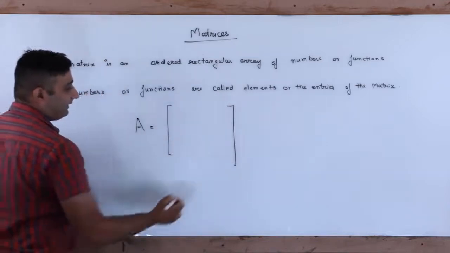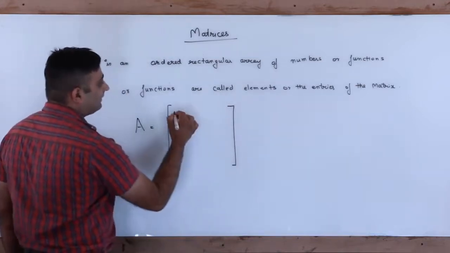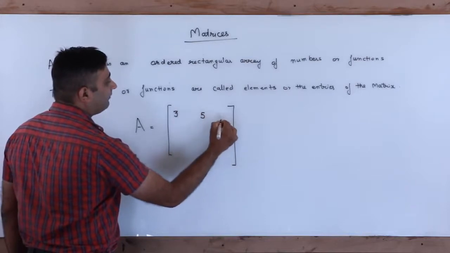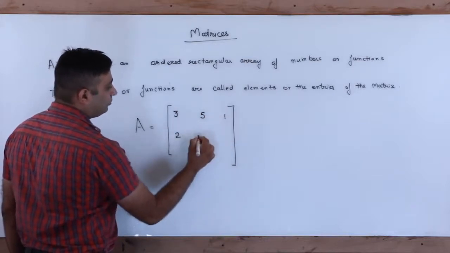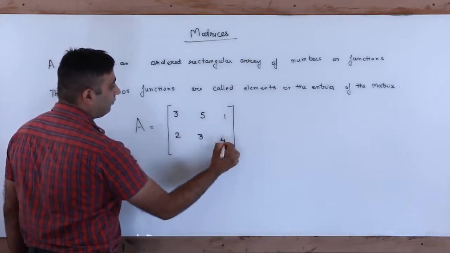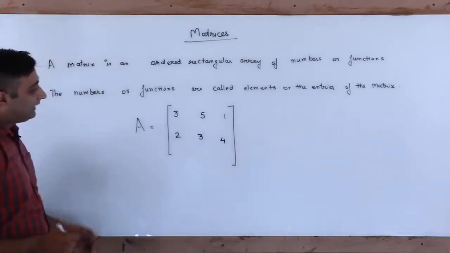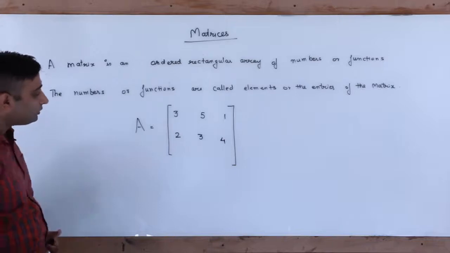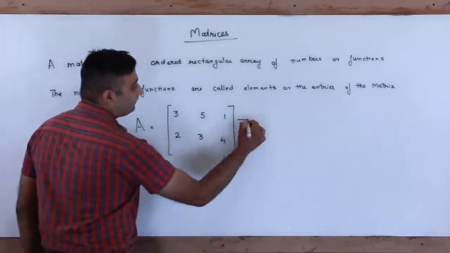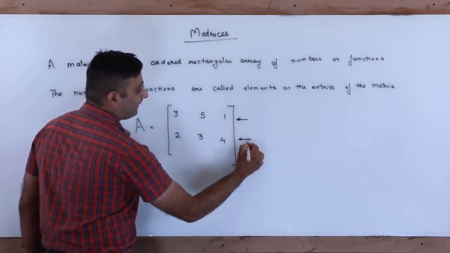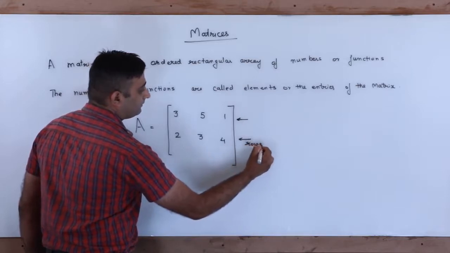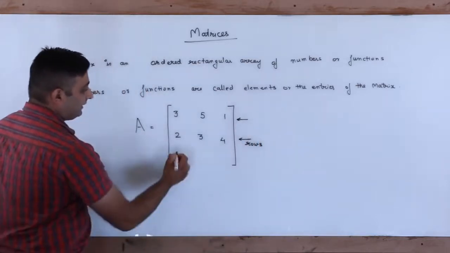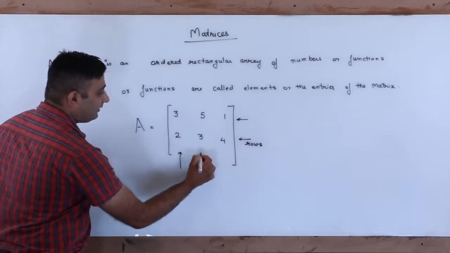Let A be a matrix having entries 3, 5, 1, 2, 3, 4. You can see there are two horizontal rows. These are called rows. And there are vertical entries.